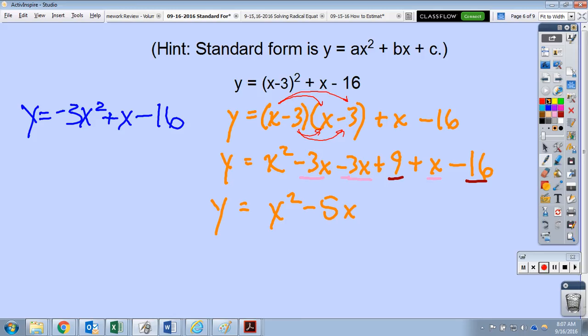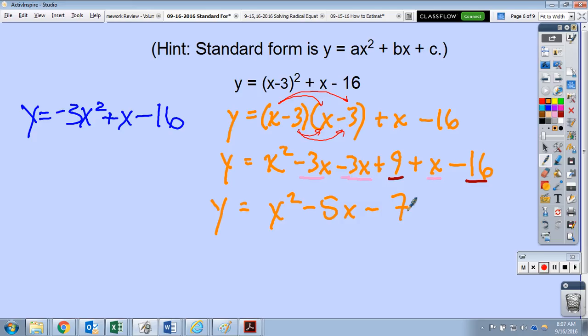Sometimes I think about it this way: if I'm adding 9 and negative 16, this is further away from 0, so I know my value is going to be negative. So I'll do 16 minus 9 and hold that negative on the outside. So minus 7. That's easier. You also have calculators, so you can just punch in 9 minus 16, so we don't make a simple mistake.